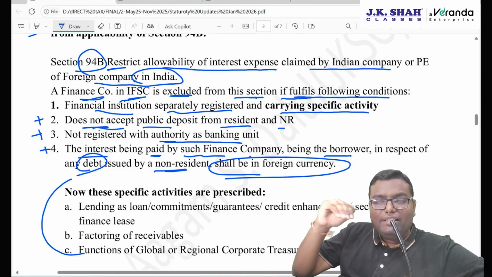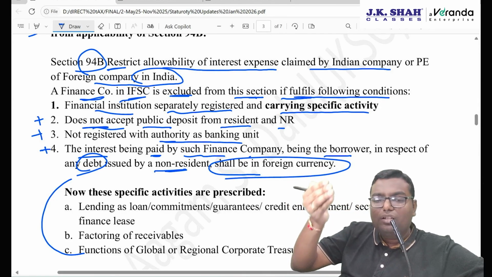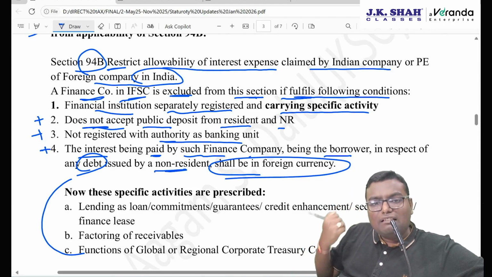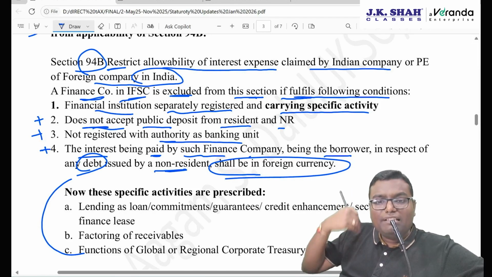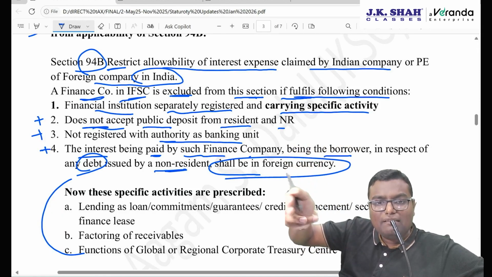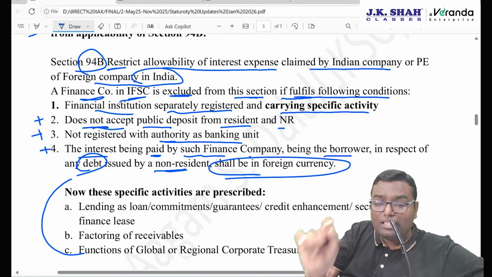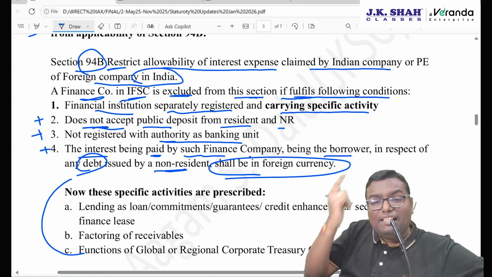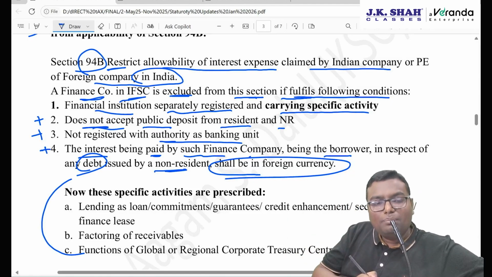So the associated enterprise which is in foreign country, that foreign country should pay amount to this finance company. This finance company is engaged in the specific activities. This finance company is paying interest to that associated enterprises, but that should be compulsorily in foreign currency. Then only 94B will not apply. If it is paid in Indian currency, yes, 94B will apply.